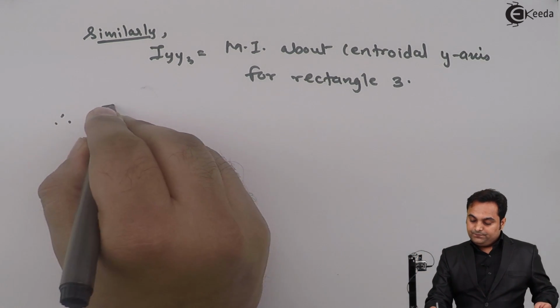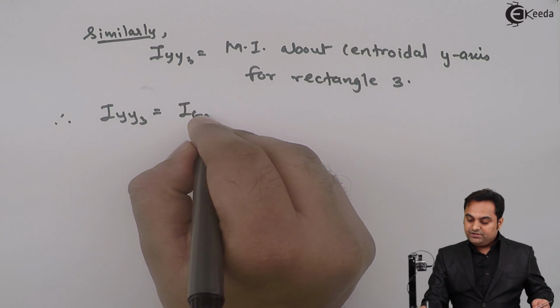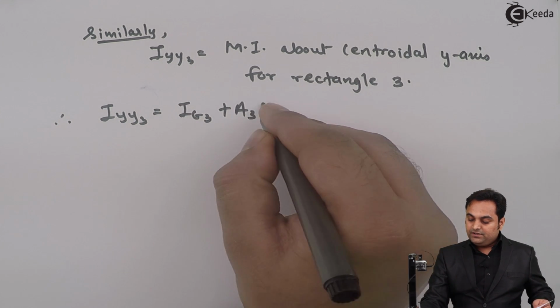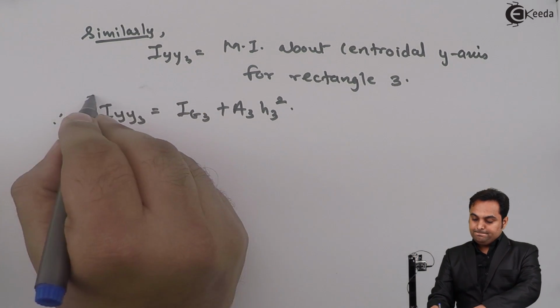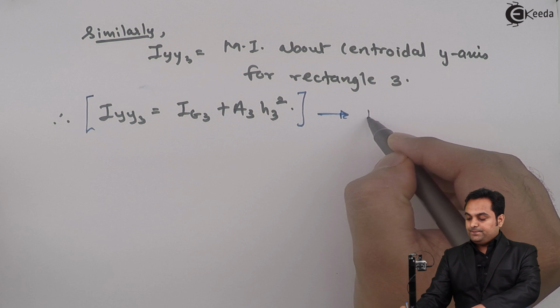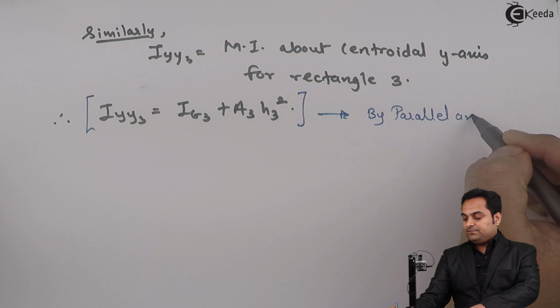So Iyy3 will be equal to Ig3 plus area 3 into h3 square. This is again by the parallel axis theorem.